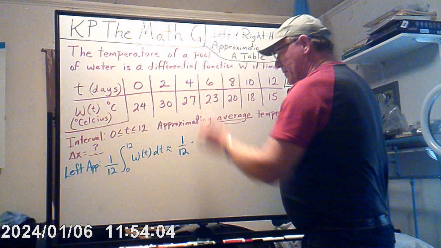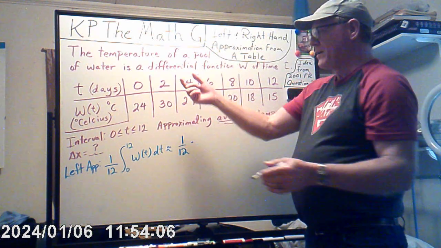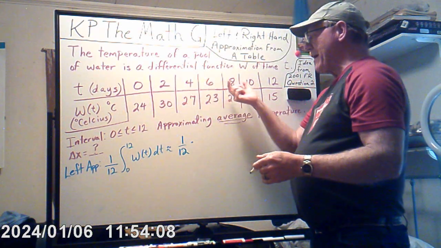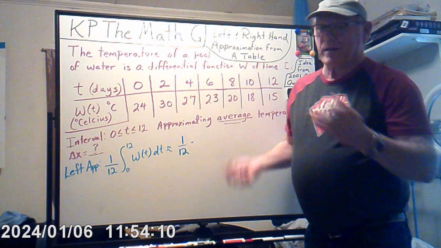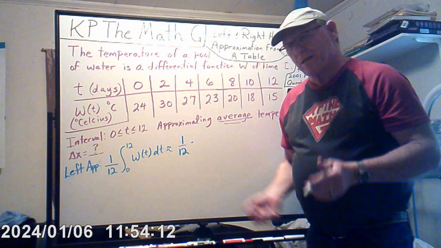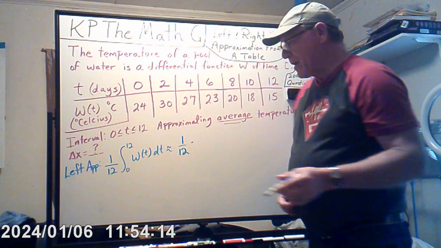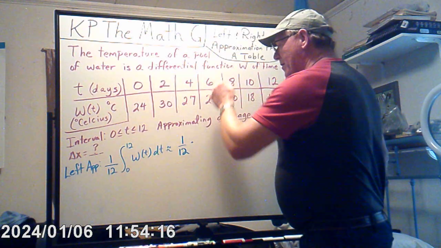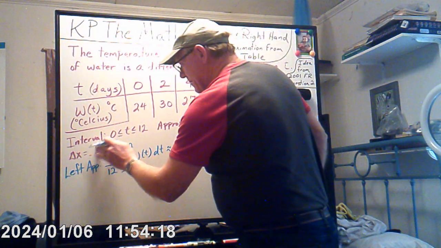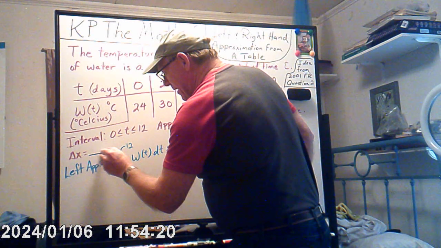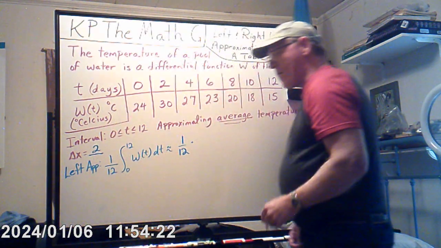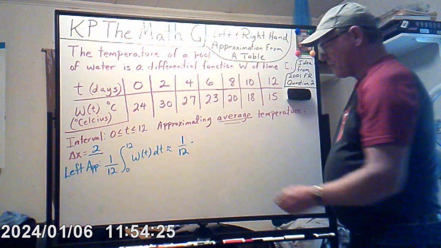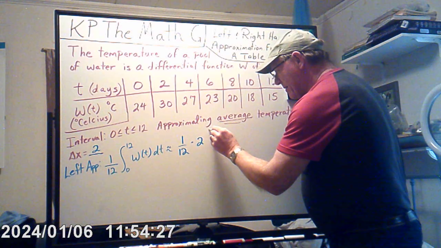Now, you will not always have tables where they're evenly spaced out, and I'll probably have to show you a video of that another time. But these are all delta x, and delta x is, as you might guess, 2. So times delta x.